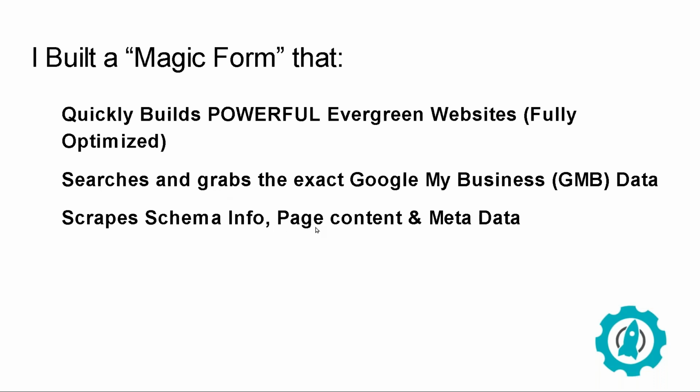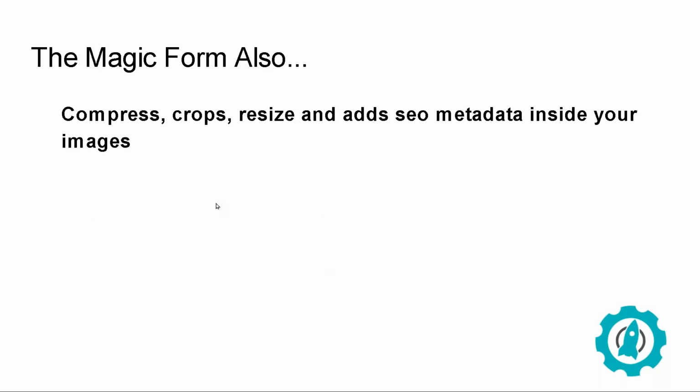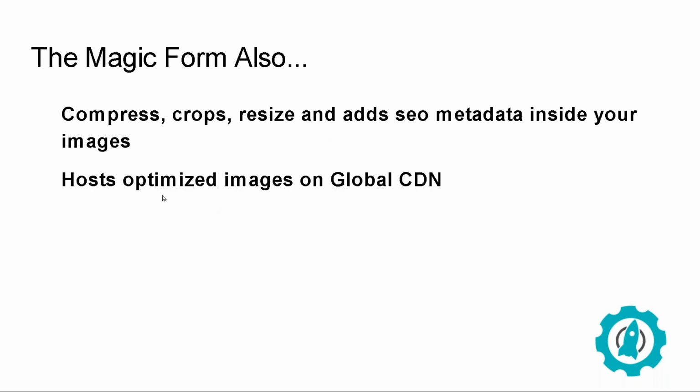And your page content and metadata can also be grabbed from the form, and it can go directly into the website you're building. It also auto-generates content nearly instantly, and we'll show you that. Our form also compresses, crops, resizes, and adds SEO metadata inside your images. We host your images on a global CDN.